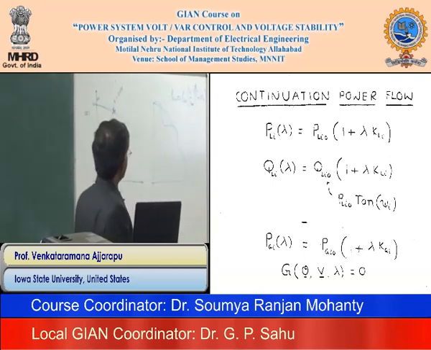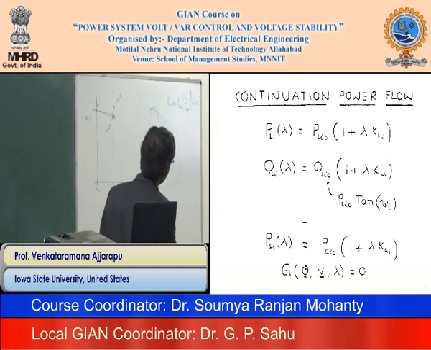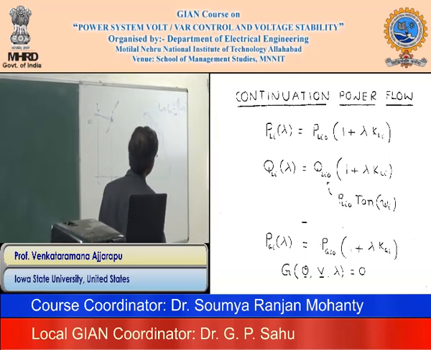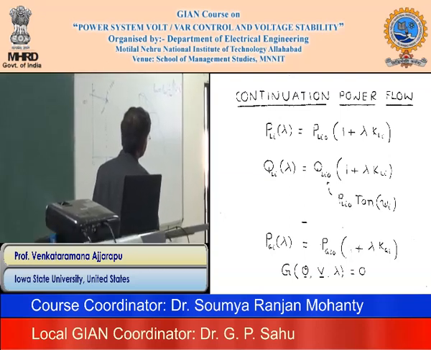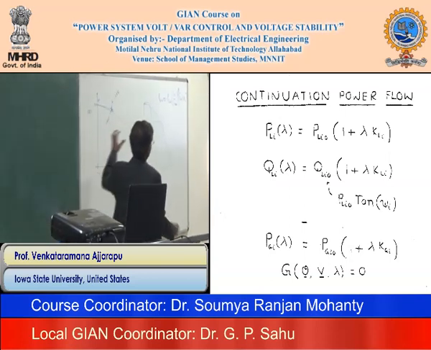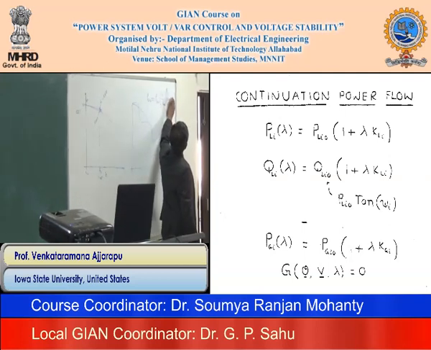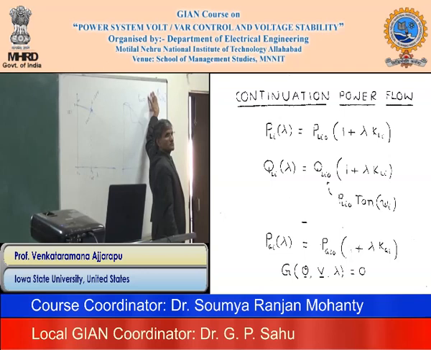By doing so, I am avoiding the voltage dependent load increase, because now I change the lambda basically. So when I say increase the lambda, I am increasing this much connector load of this type, right?